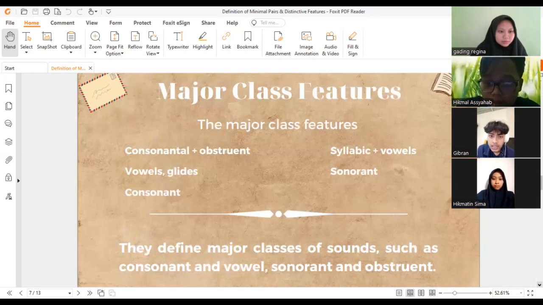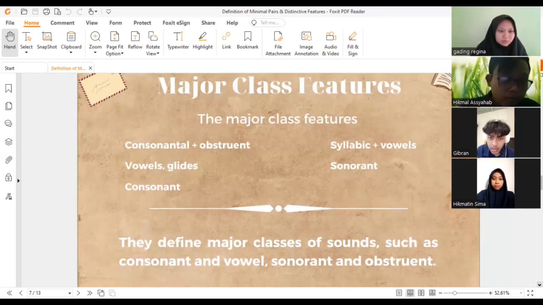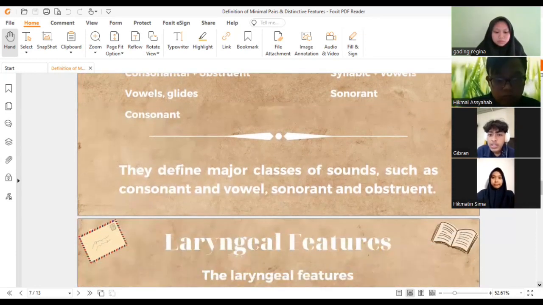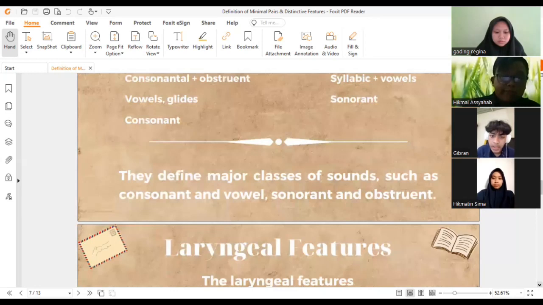Next, there's sonorant and non-sonorant. This feature refers to the resonant quality of sounds produced with a relatively open vocal tract. Vowels, nasals, liquids, and semivowels are plus sonorant. The obstruents are minus sonorant. And last, there is voice: sounds produced with vocal cords in vibration.